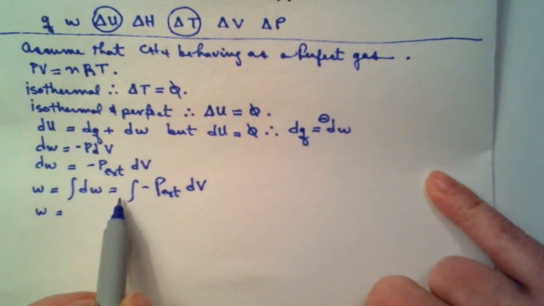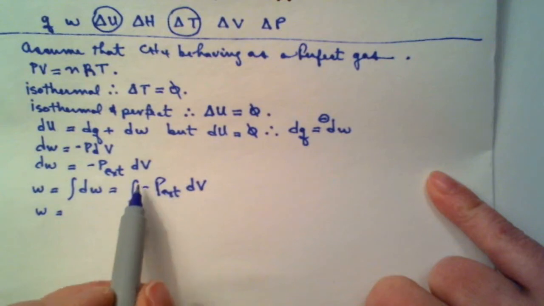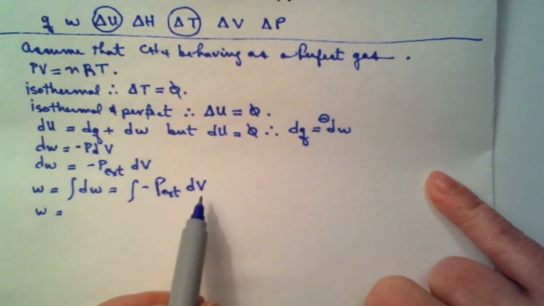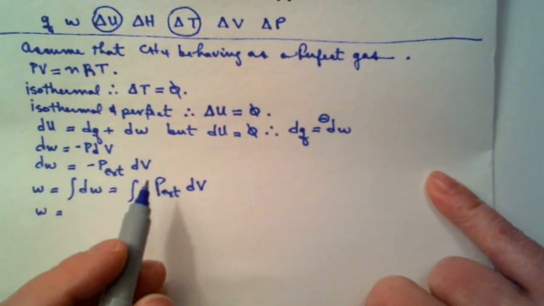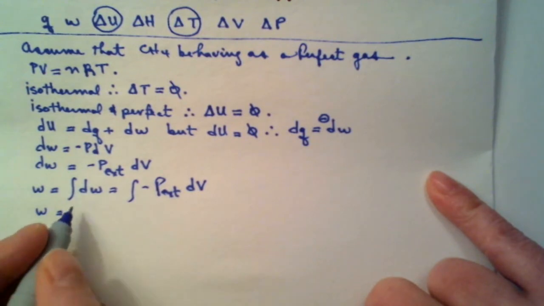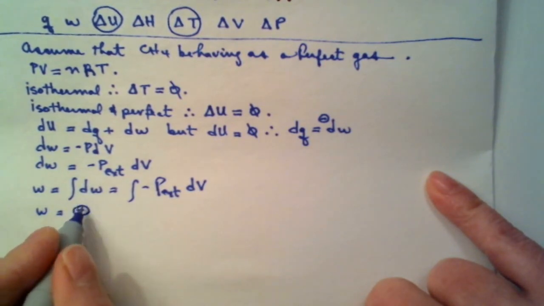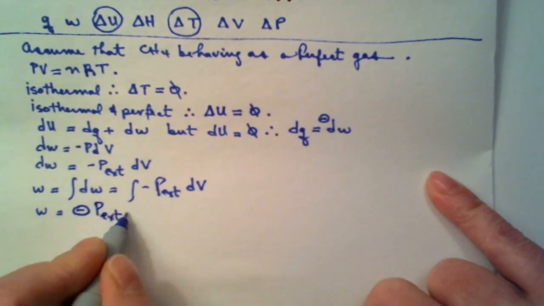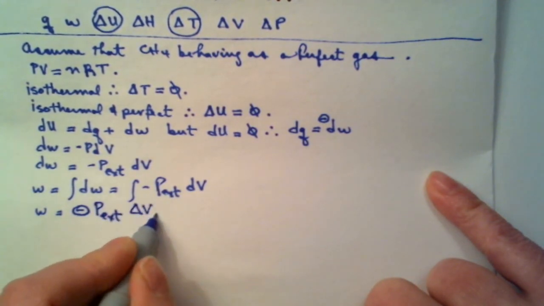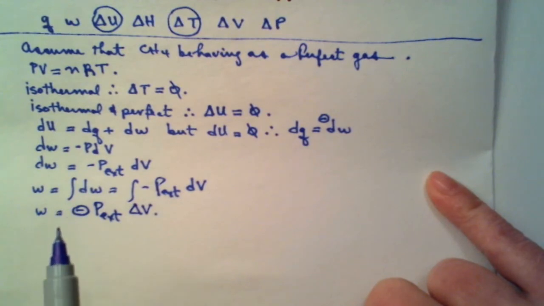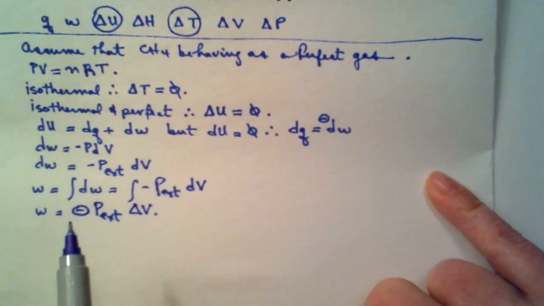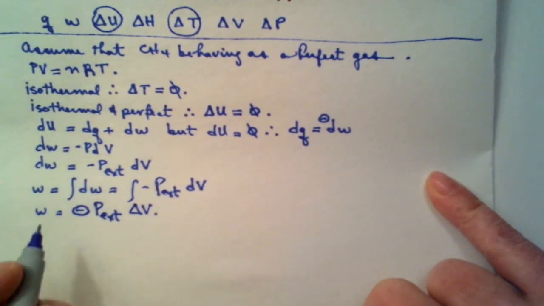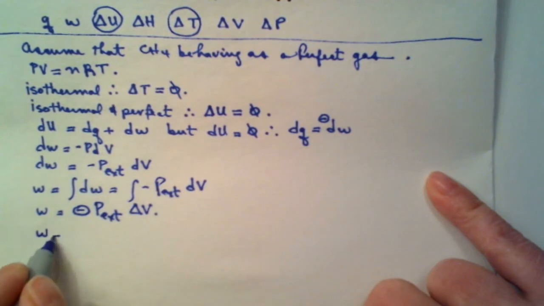And so work is actually equal to minus P external integral of dV, which simply integrates as delta V. So my work is equal to the negative P external delta V. And my delta V, remember, it said that the expansion occurred until the volume changed by 3.3 liters or 3.3 decimeter cubed. So that's great, I know it.